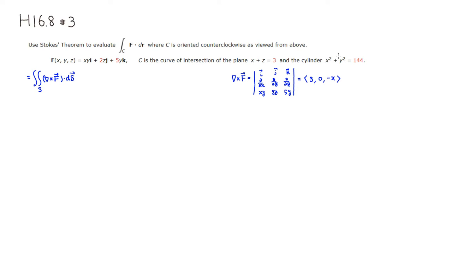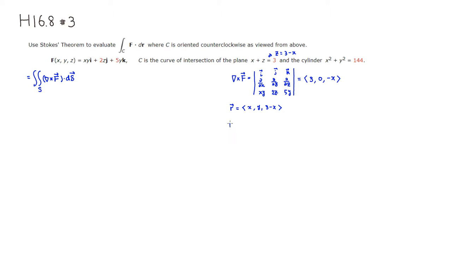Since this is the plane x plus z equals 3, I'm going to rewrite it by solving for z: z is equal to 3 minus x. So we can write the parameterization r as x, y, and z equals 3 minus x.